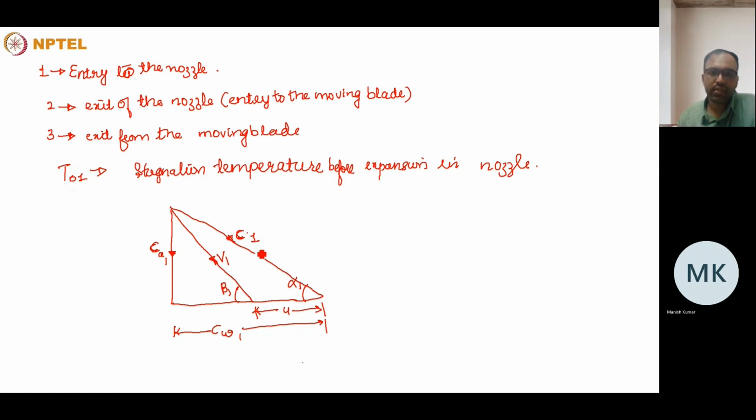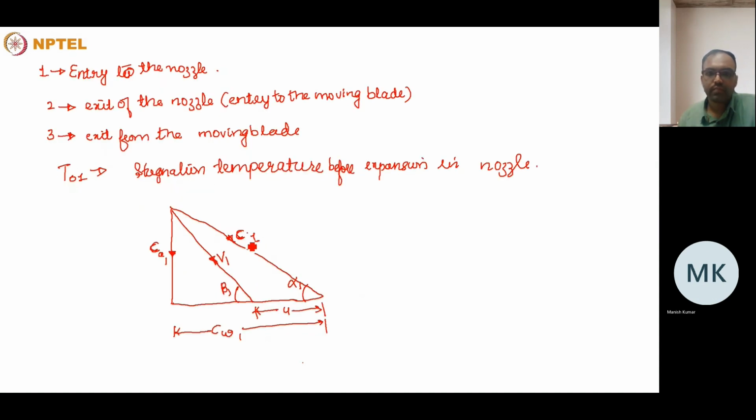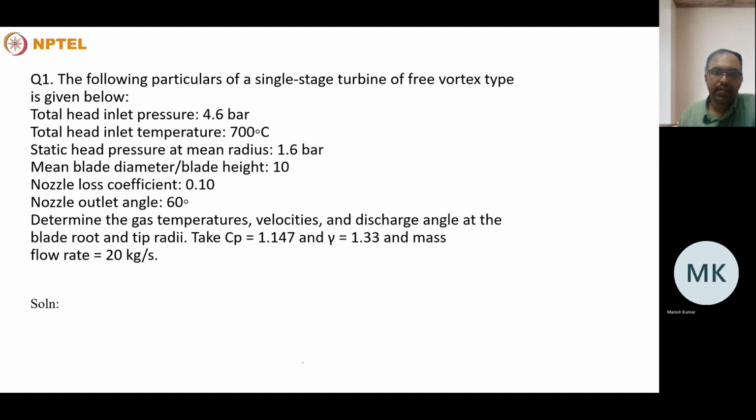In the question it is mentioned that we have to calculate the gas temperatures, velocity, and discharge angle at the blade root and the tip radii. So in this given problem, T01 is given as 700 degrees Celsius.